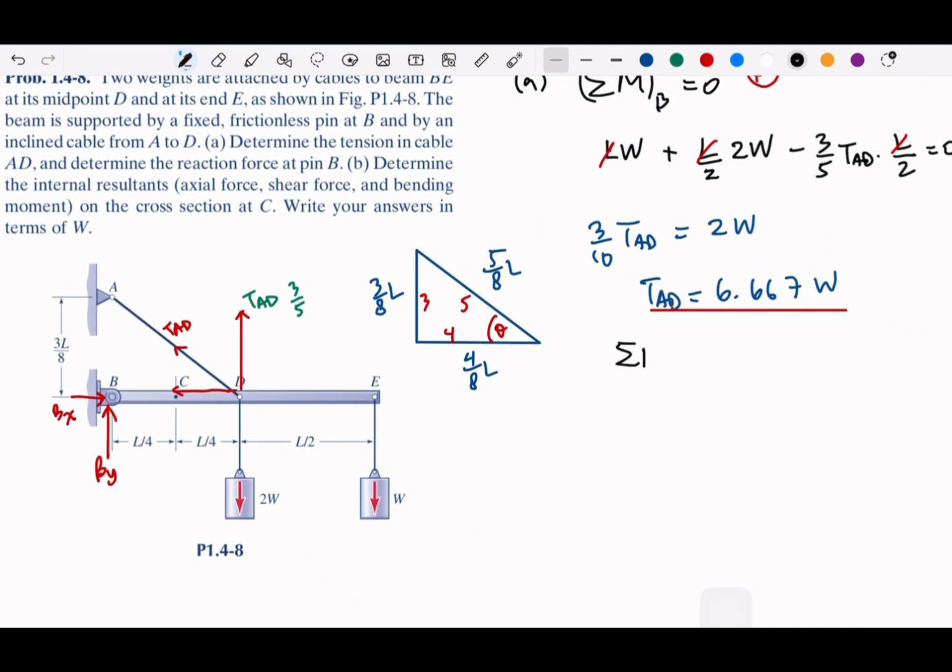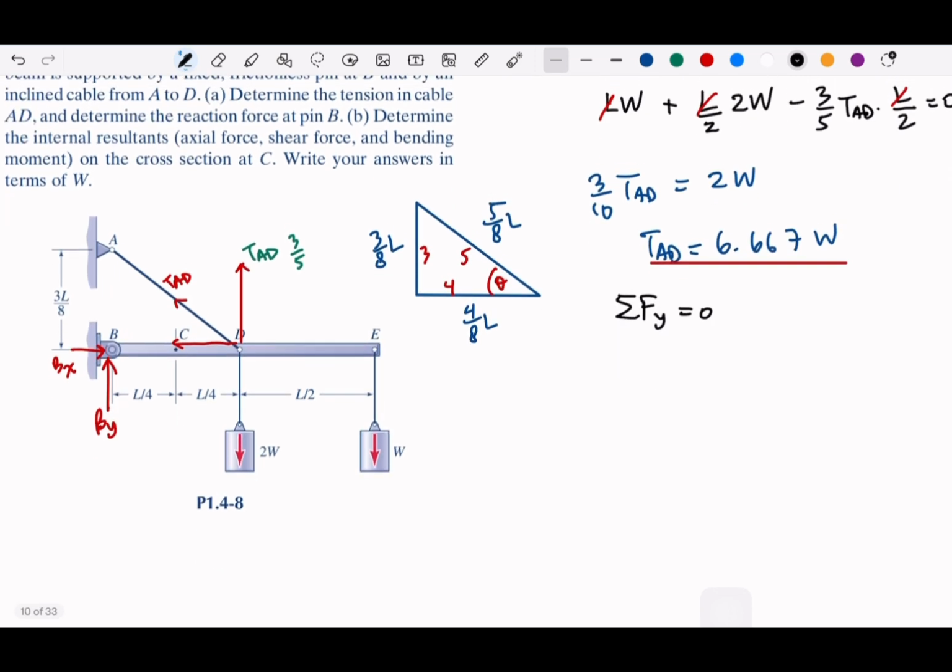So taking the sigma force for the vertical axis, we could take the By plus TAD is equal to W plus W, or 3W. Oh, this is 3/5, sorry, 3/5, so plus.